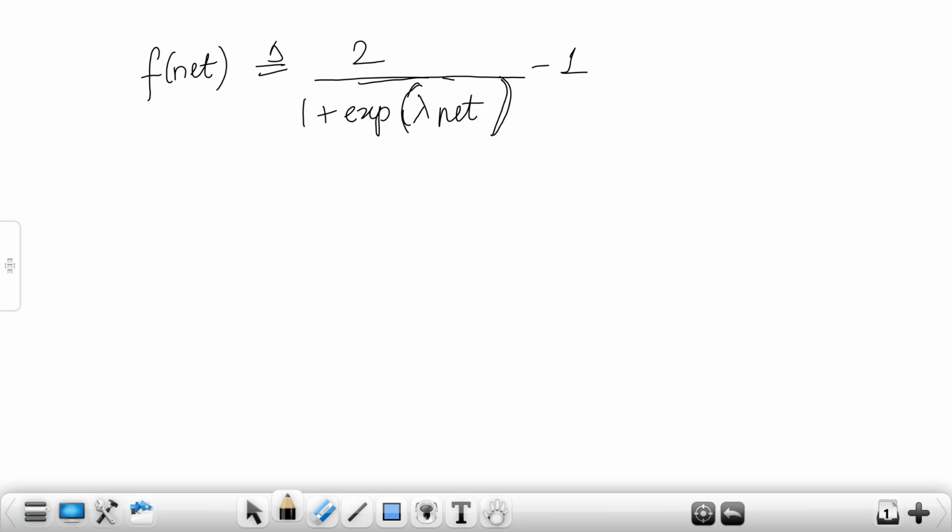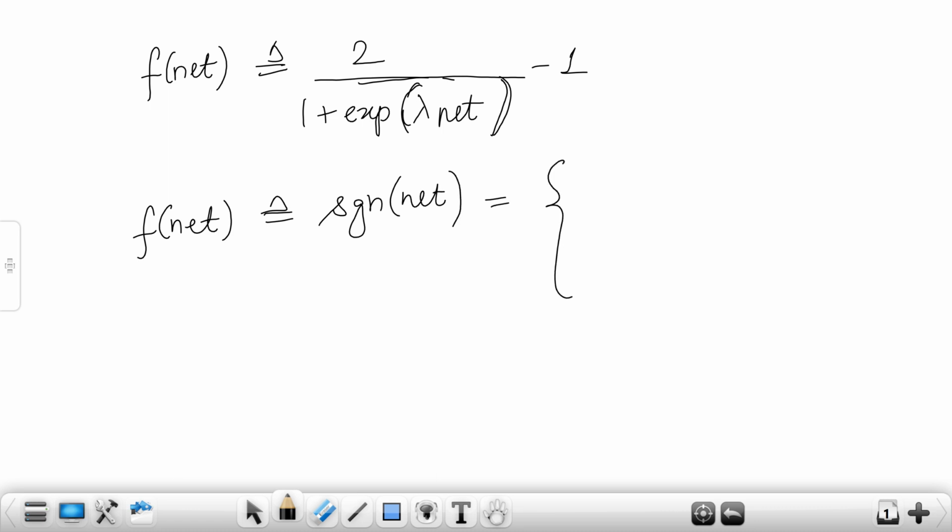And another activation: f(net) equals signum(net), which is plus 1 if net is greater than 0, and minus 1 if net is less than 0.